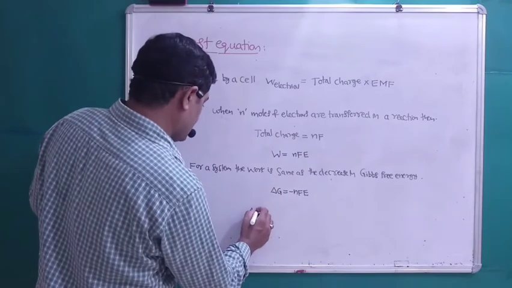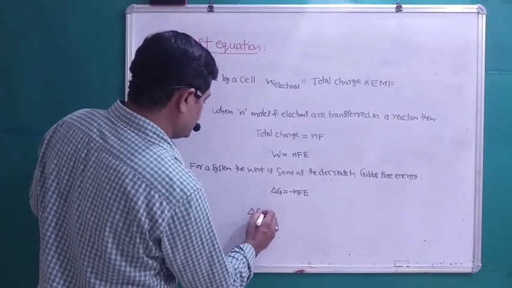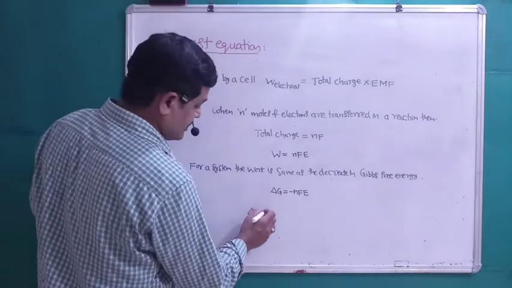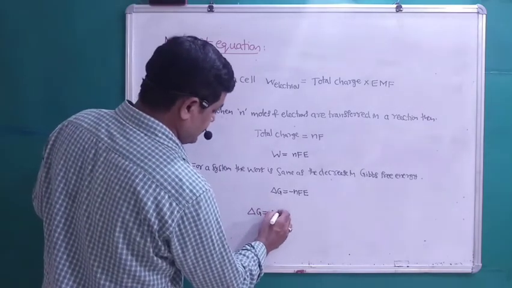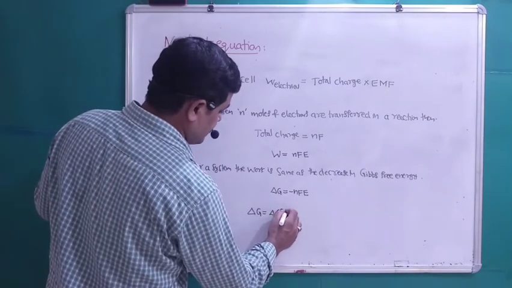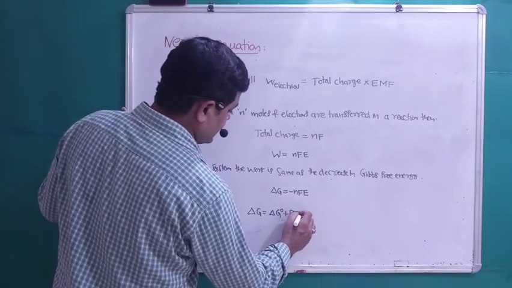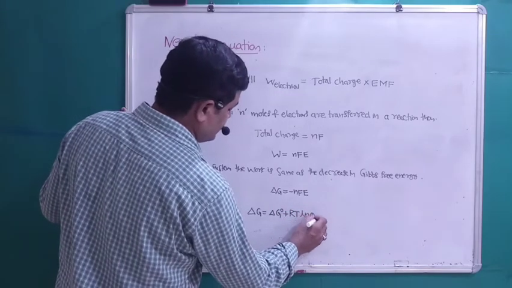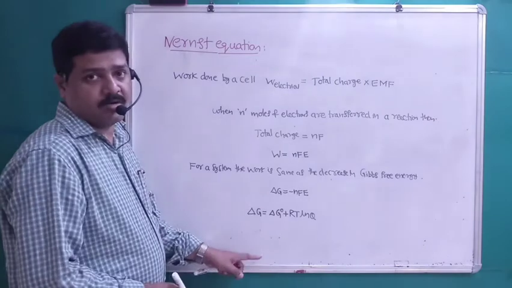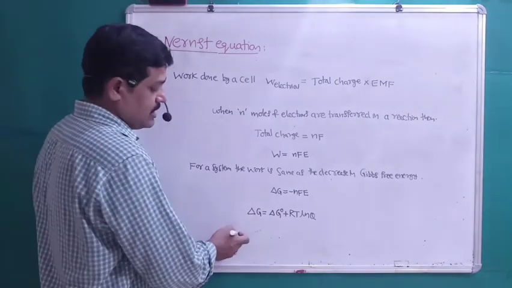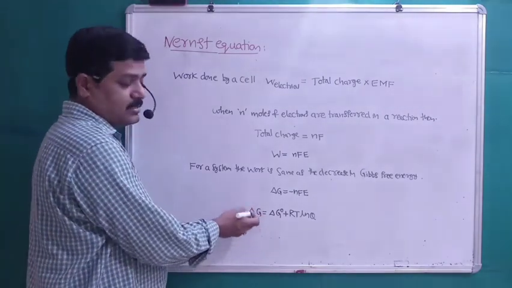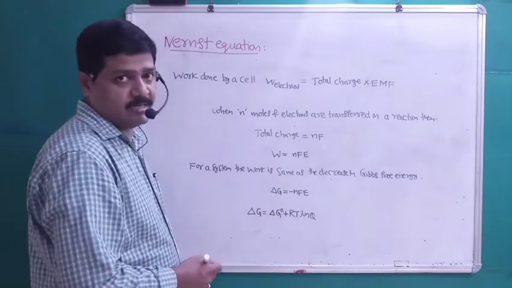Then the relation between delta G and delta G naught is delta G is equal to delta G naught plus RT ln Q, where Q is a reaction quotient, right? So let us proceed with the further simplification.